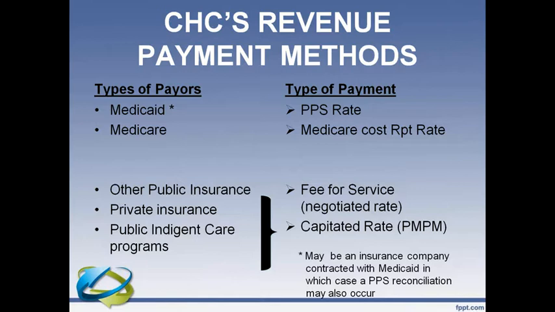And then, of course, your other public payer could be on a fee-for-service. So, in other words, it's paid per visit, just as your Medicaid may be and your Medicare is, except the rate is usually a negotiated rate based on a contract. And then you could also have what is called capitated rates, or PMPMs. That's per member per month. And what that really means is that you're getting paid a flat amount to see that patient, whether you see the patient or not.